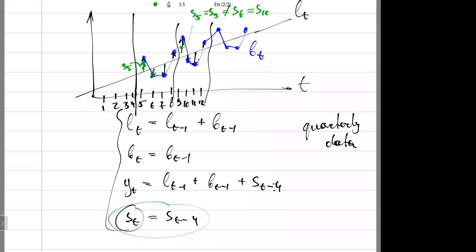And sometimes, for example, when you speak about sun activity, or the population of tigers, there are cycles, but these cycles do not have constant length. For example, sun activity is roughly 11 years, but sometimes it's more than 11 years, sometimes less.